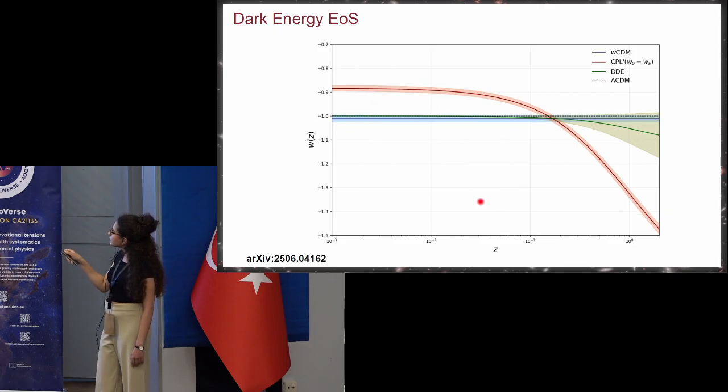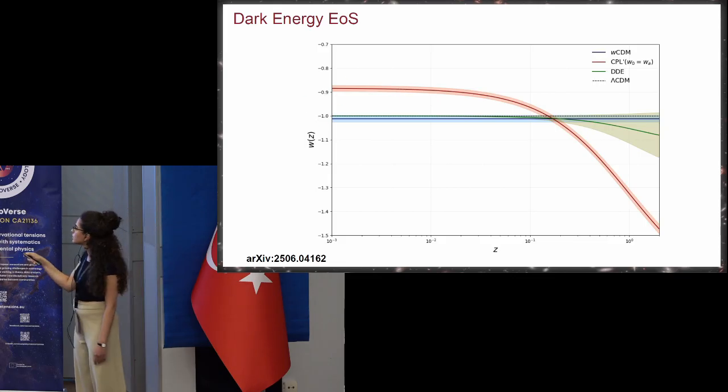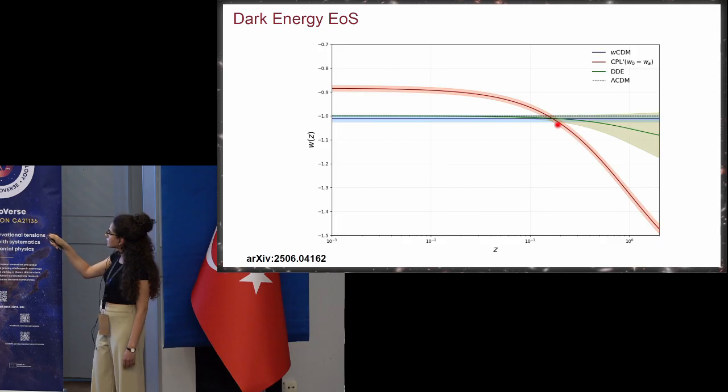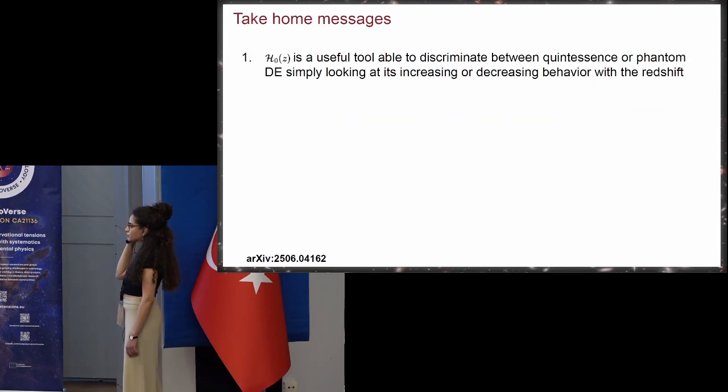And in green, there is the DDA model, the new model, that is initially consistent with a cosmological constant scenario, because we impose the deceleration parameter equal to that of the Lambda CDM model, but then it prefers a phantom nature.